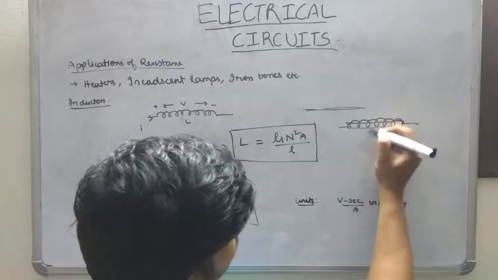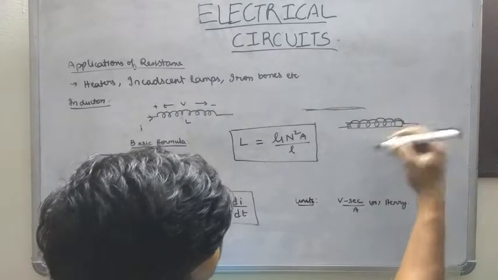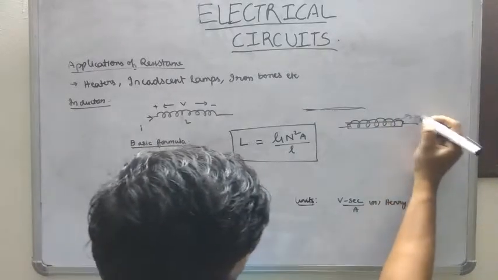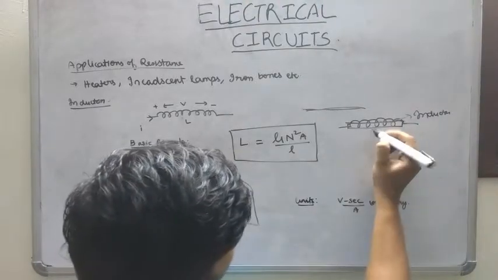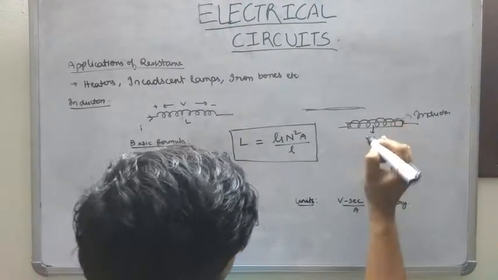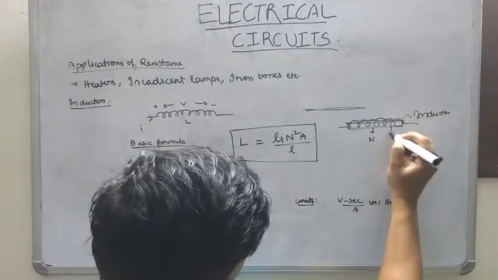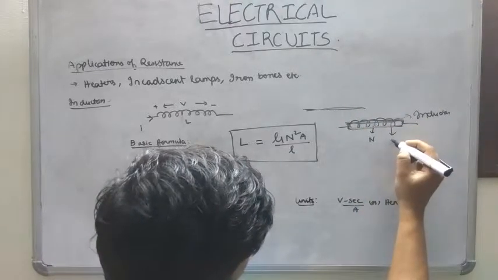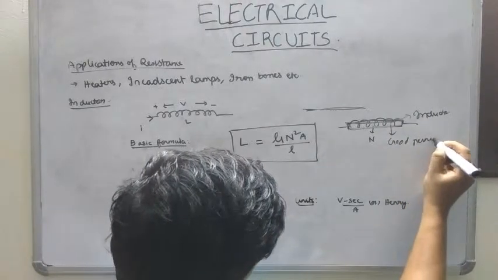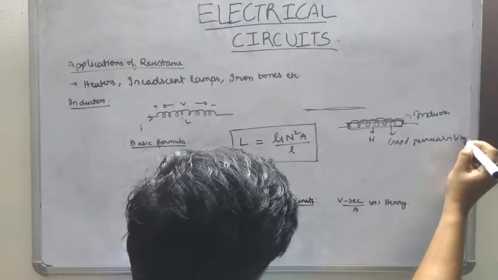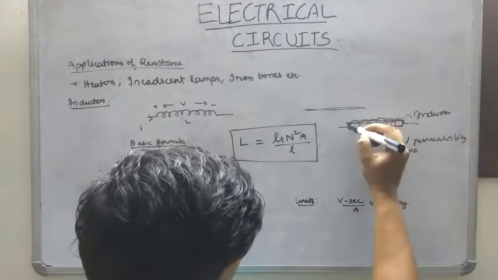So whenever we wind a conductor around a material, it gives rise to an inductor. An inductor will have turns and a core material, most probably a core with good permeability, so that the magnetic flux can easily pass through that core.